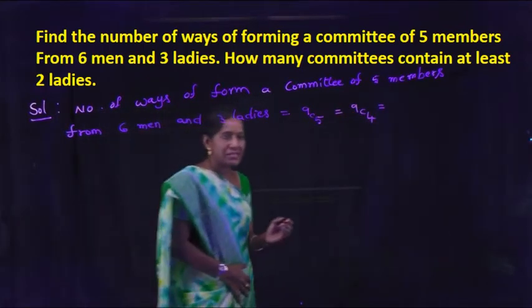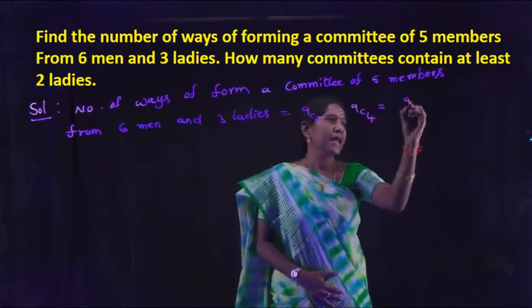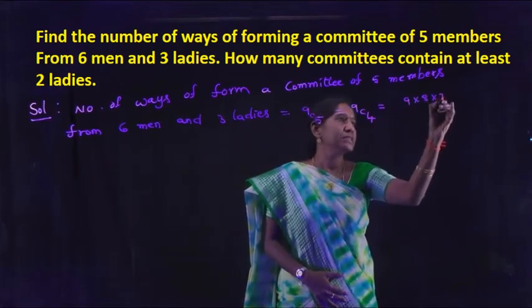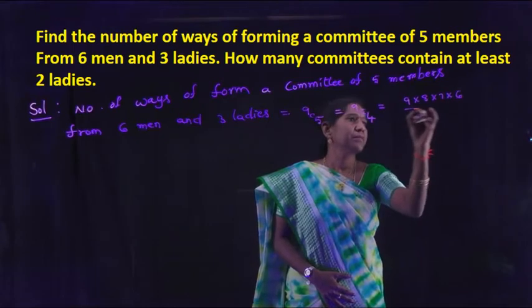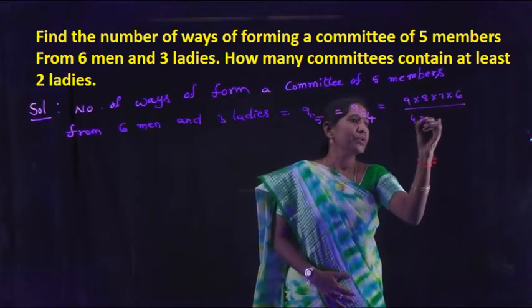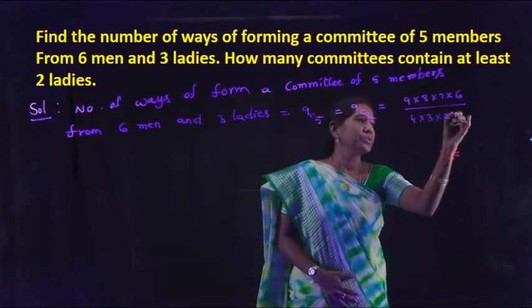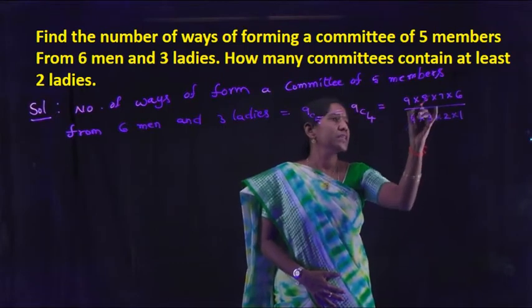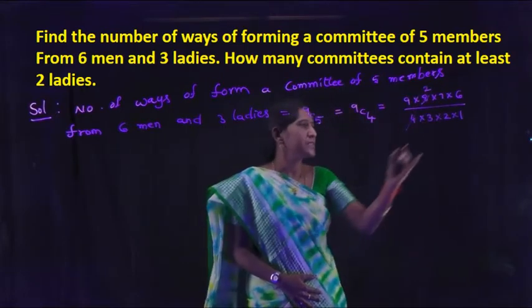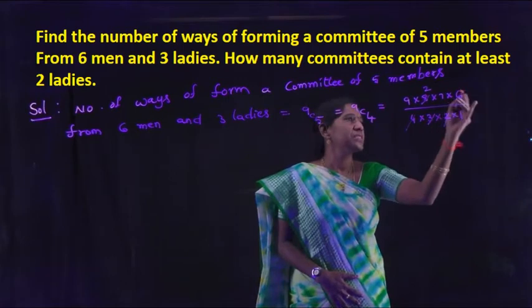The value of 9C4 is 9 into 8 into 7 into 6 by 4 into 3 into 2 into 1. Doing cancellation, 4 and 2 get cancelled, and 3 into 2, 6 gets cancelled.